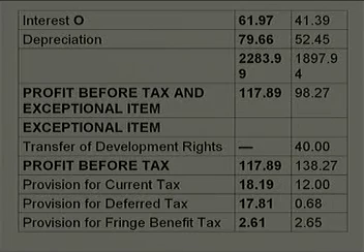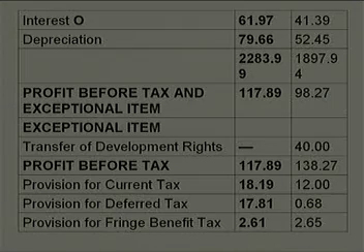Now for interest, again you can see there has been an increase from 41.39 to 61.97, and details of this you can find under Schedule O. Then the details of depreciation. Depreciation, if you remember, is considered part of your expense, but no real money flows out of your pocket or out of the company's balance.